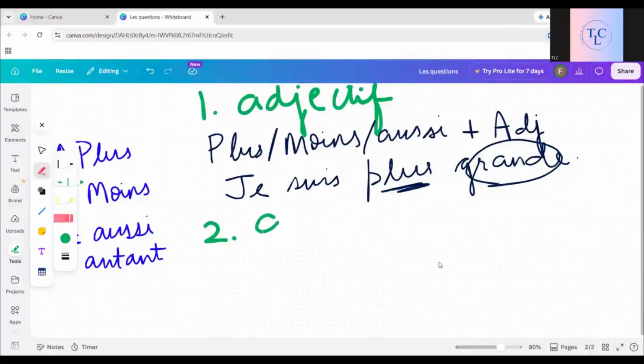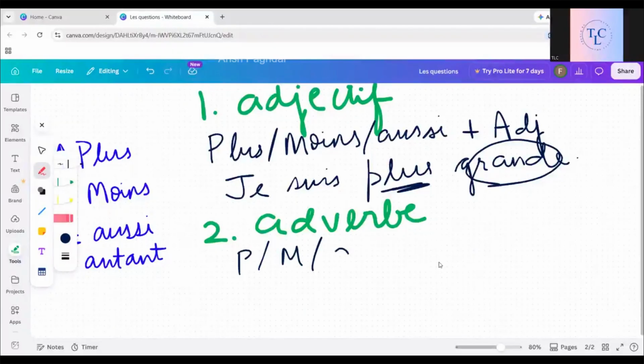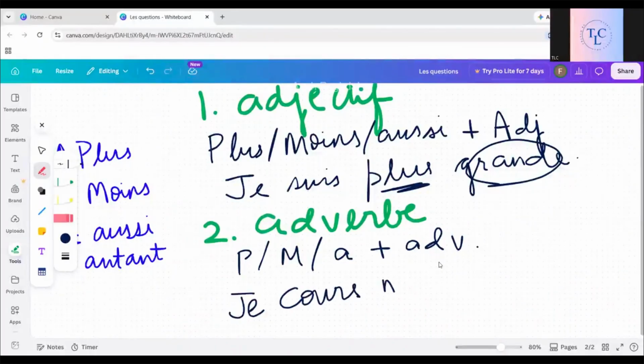If the basis of your comparison is an adverb, it's similar to the adjective. Okay, it's plus, moins, aussi, plus adverb. Okay, if I want to tell about the speed of running, I can say, je cours moins vite.